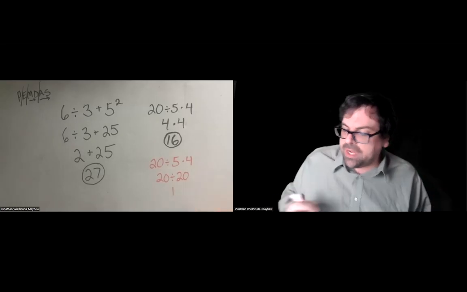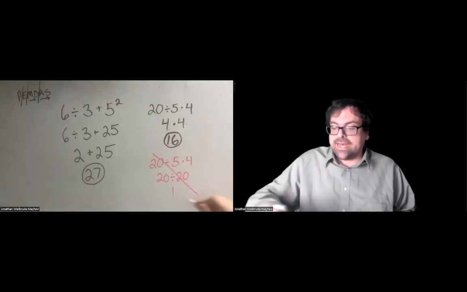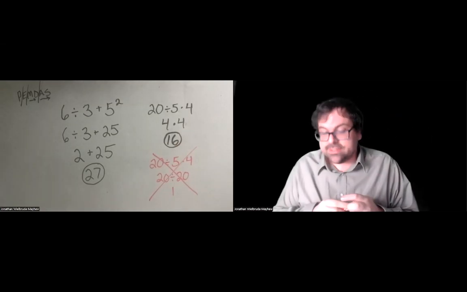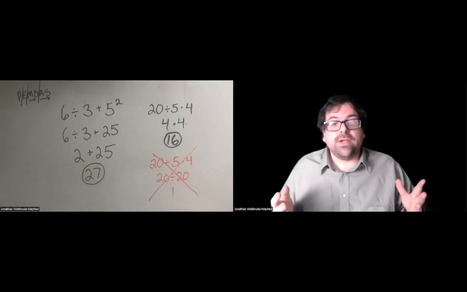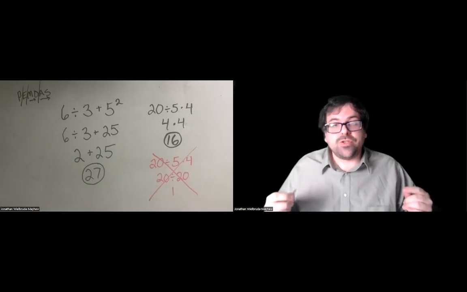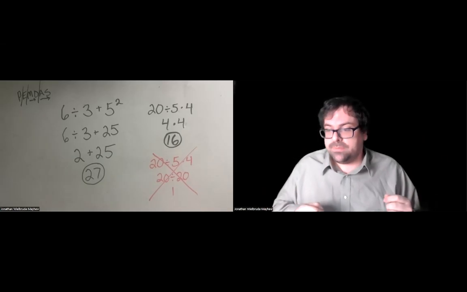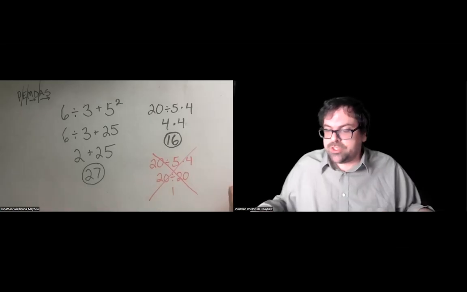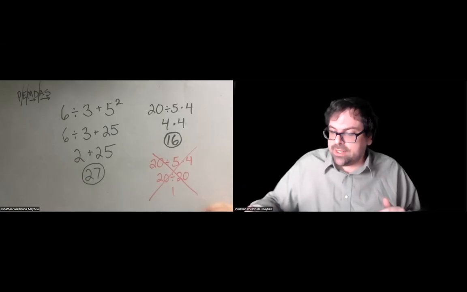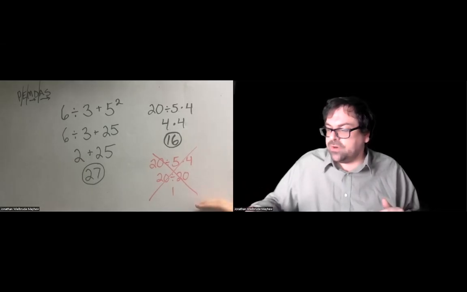Then 20 divided by 20 would be 1. That is not correct. It does not give you the same answer. Order of operations is all about making sure you can consistently get the same answer as everybody else doing the problem. There should be no situation where you look at this and you get an answer of 1.